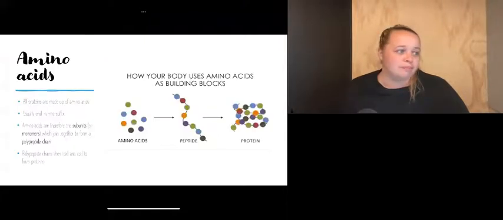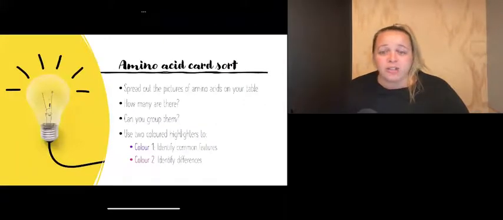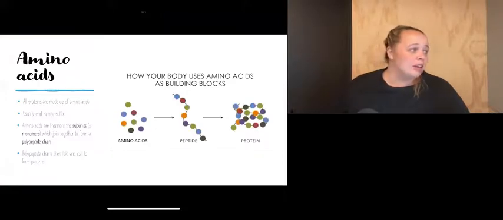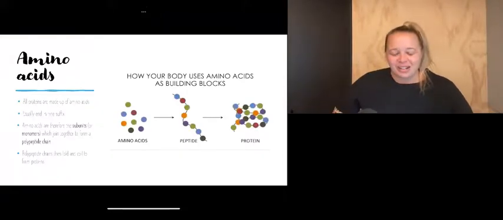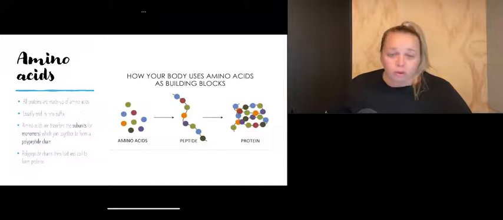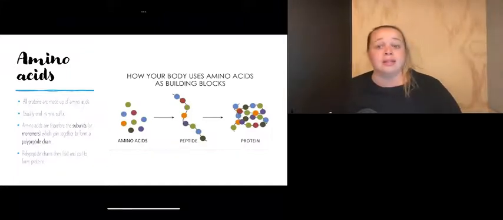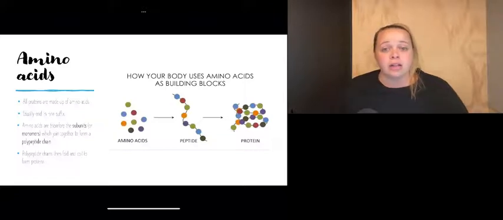So hopefully you paused, you went away and did this activity, because now I'm going to tell you a bit about amino acids. All proteins are made up of amino acids. I want you to think of amino acids like Lego bricks. There are lots of different types of Lego bricks.